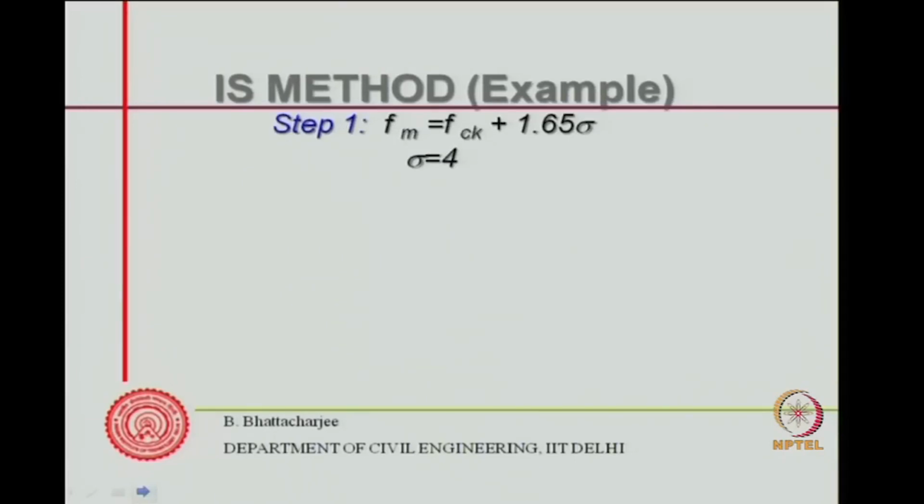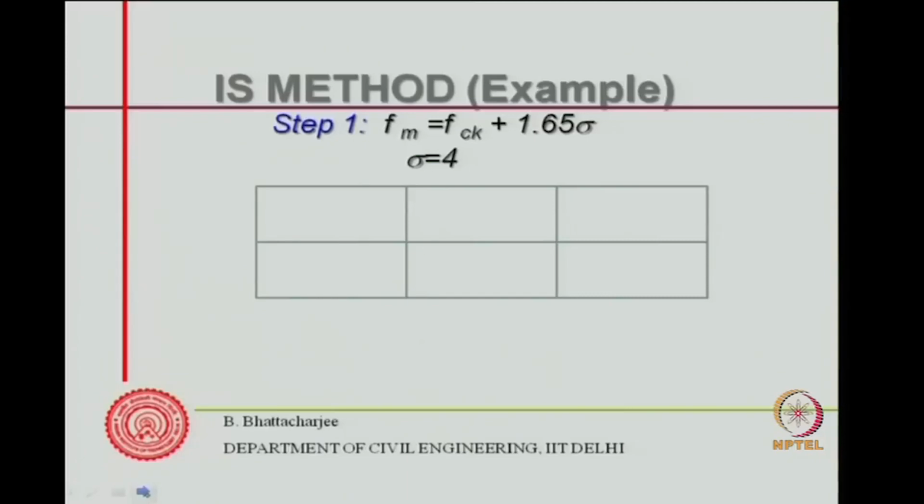Now, you recall that in the IS method, the first step is to find out the mean strength, the target mean strength as we call it, FM, which equals FCK plus 1.65 sigma. That was the first step, if you remember. And since we do not have any data available, as the starting point we are taking standard deviation as 4 MPa, as given in IS 456-2000 or in 10262.